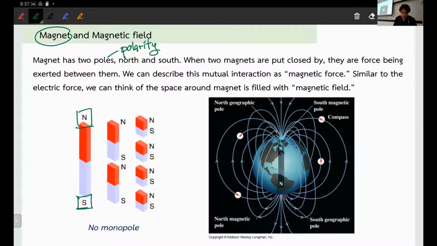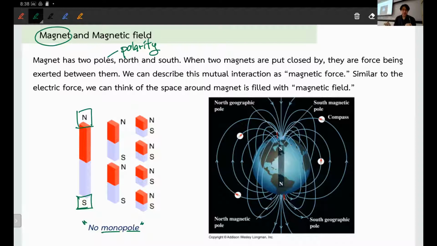Okay. Now, the thing that I said that this is sort of different from the charge is because, well, we haven't seen one. You never had a material or particle or whatever matter have a single pole. So it seems like in this universe, there's no monopole. Unlike charge, you have positive charge, that's fine, like proton.